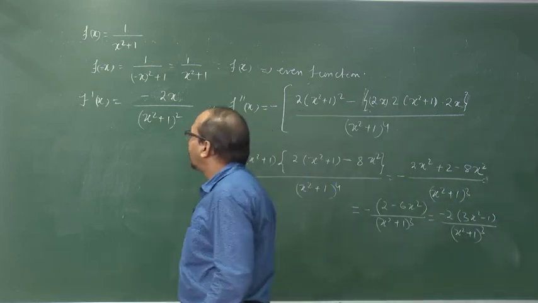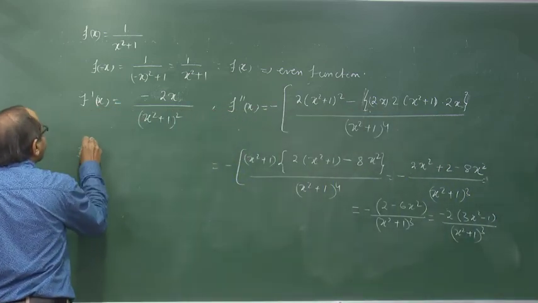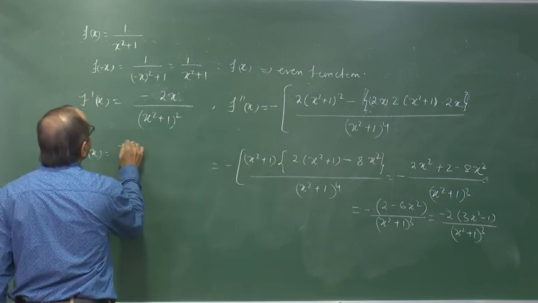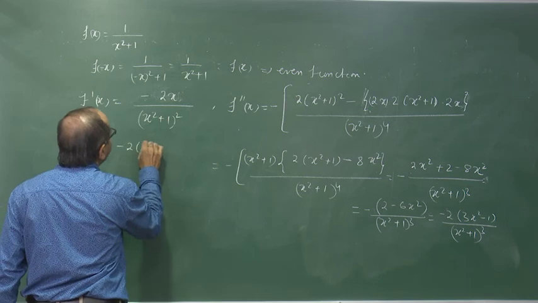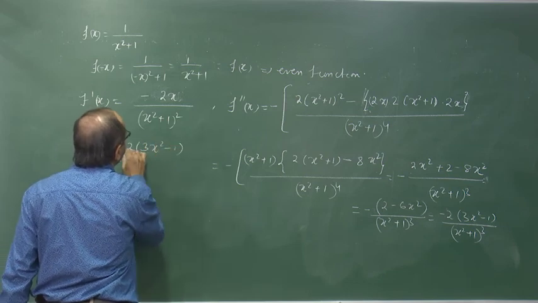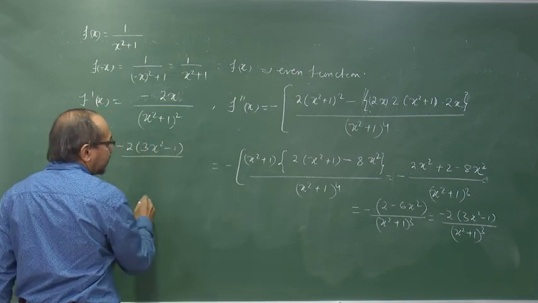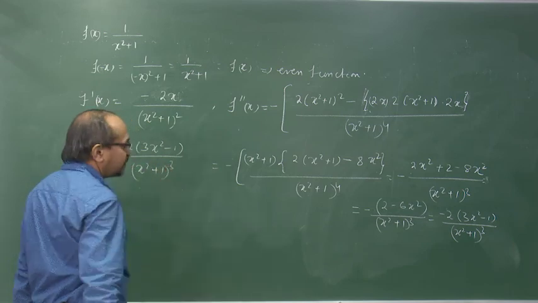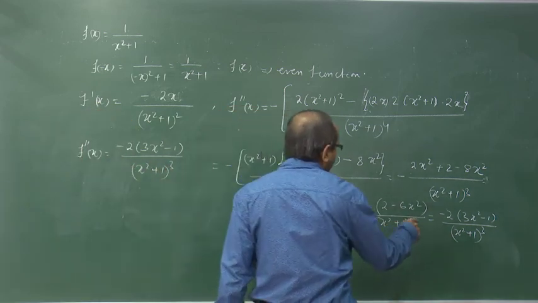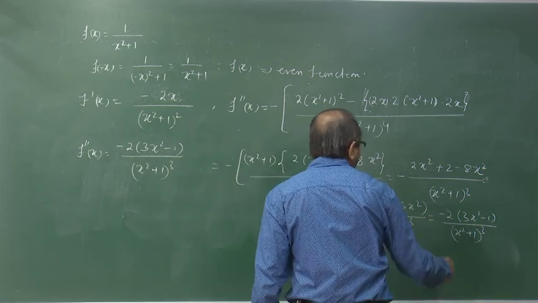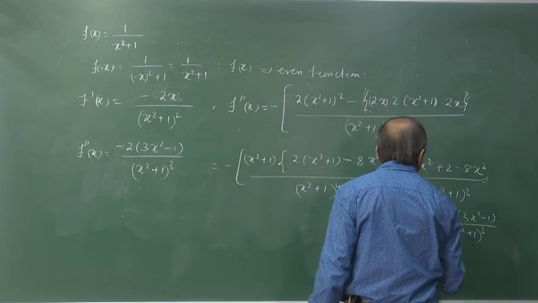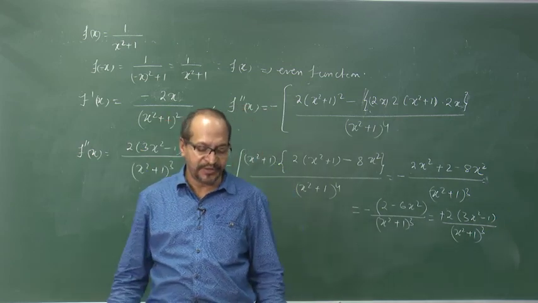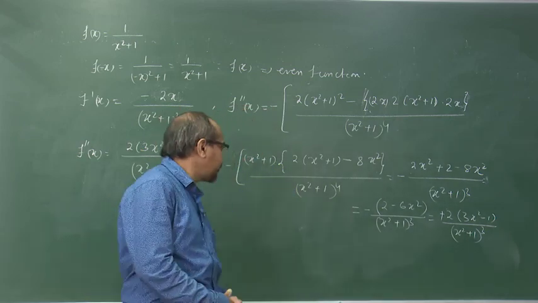Therefore, our f double dash x is equal to minus 2 into 3x square minus 1 divided by x square plus 1 whole cube. Sorry, minus 2 into, it is 1 minus 3x square. So, minus minus this is plus. So, this is plus 2 into 3x square minus 1 divided by x square plus 1 whole cube.